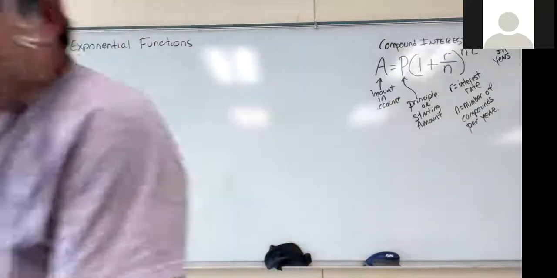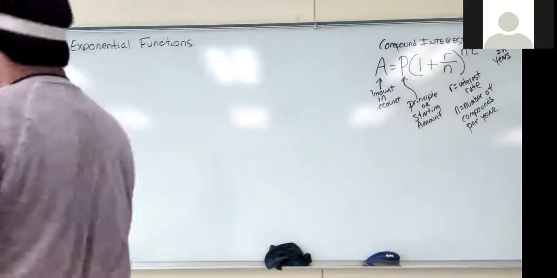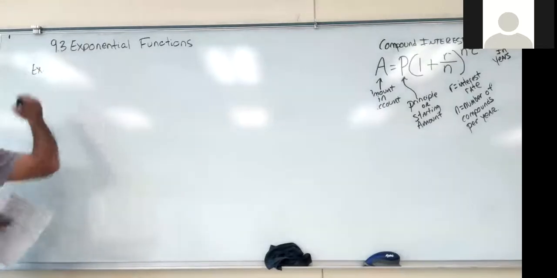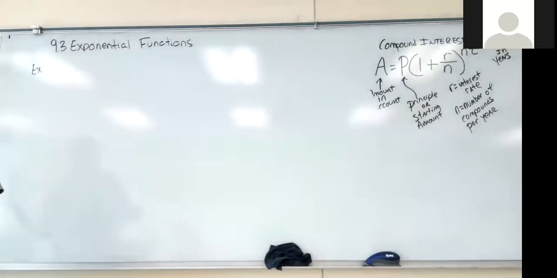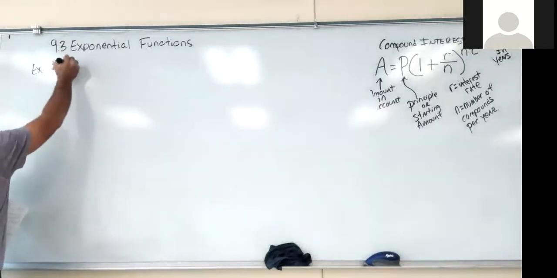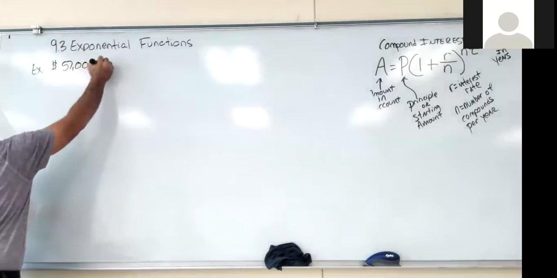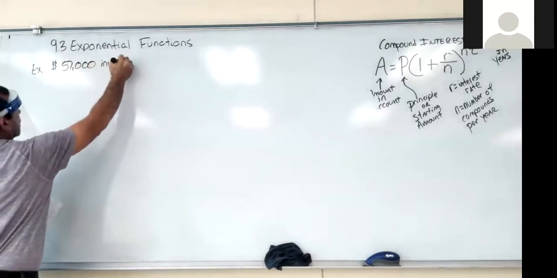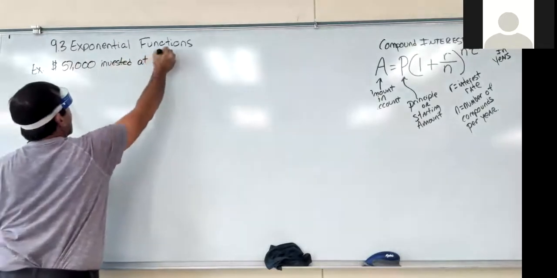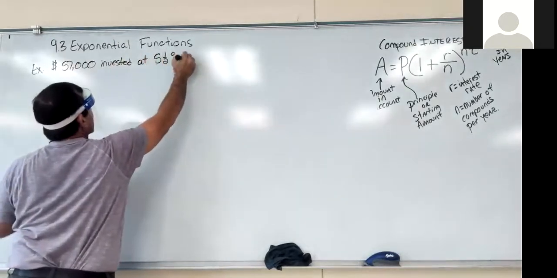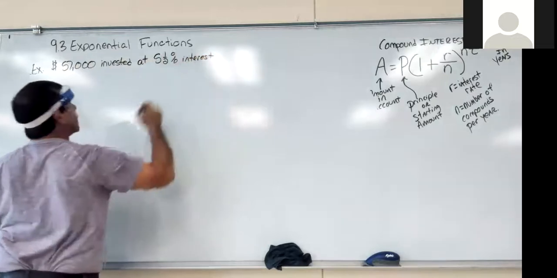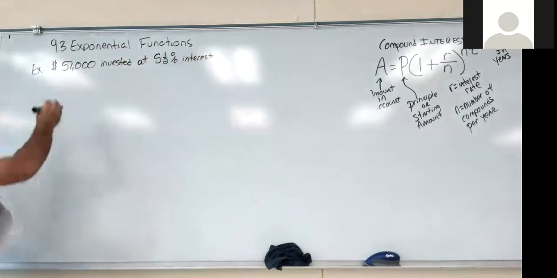All right, so this problem has a few parts to it, okay? So we're going to suppose $57,000 is invested at 5.5% interest, compounded quarterly.